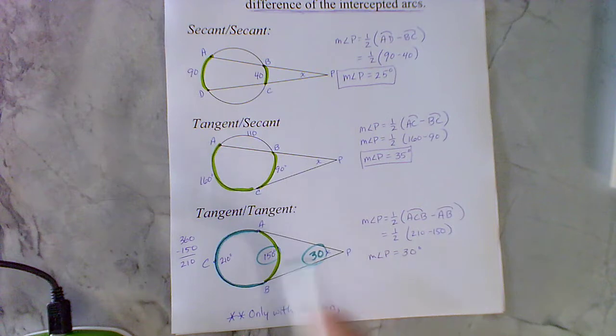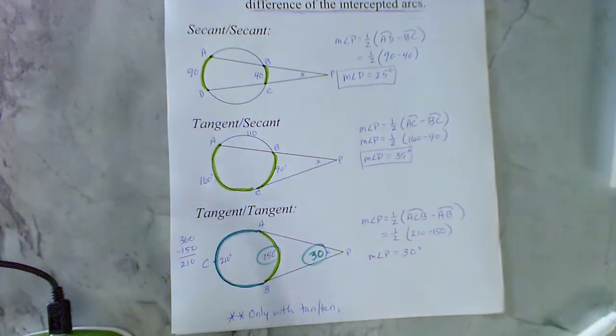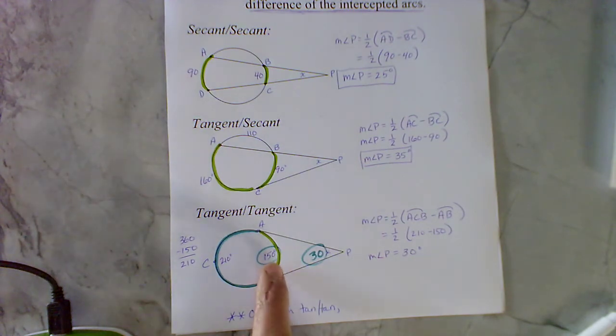You can see that 150 and 30 add up to 180. So they're kind of like supplements, in air quotes, because they're really not supplements. Supplements are two angles whose sum is 180, and this is an arc, and this one's an angle, so they're not technically supplements, but they kind of are.